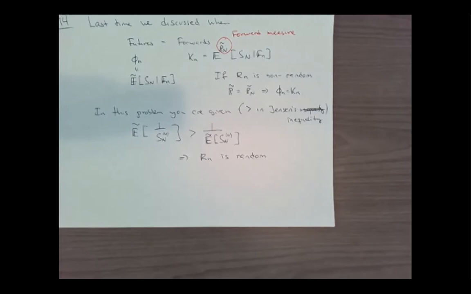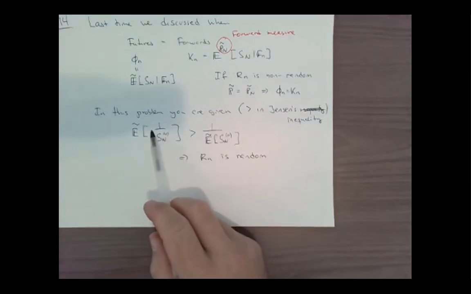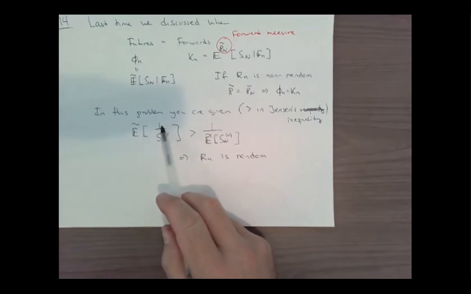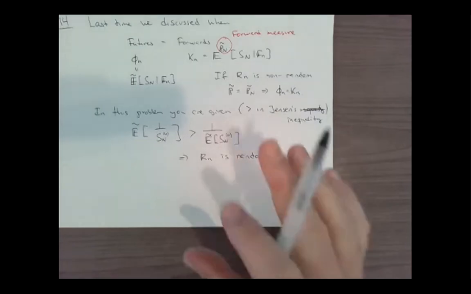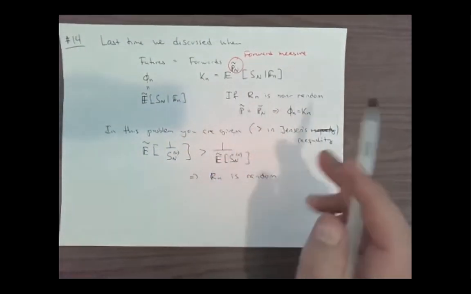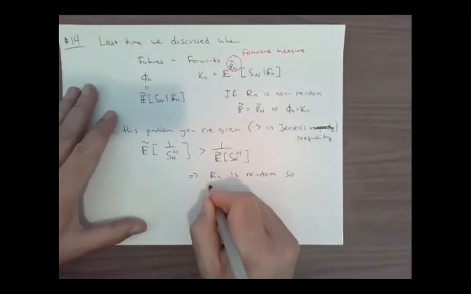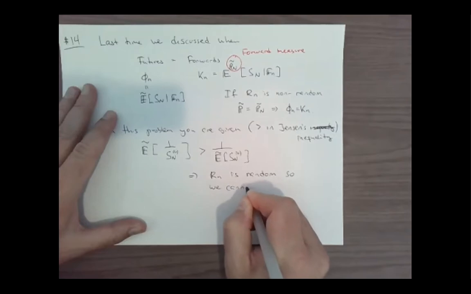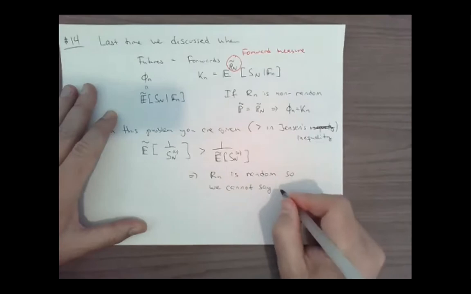Because if there were no randomness in the money market account, there would be no need to take an expectation here, and you would have equality. So you have a model here that falls outside of the discussion we had last time. So we cannot say that these measures are the same.